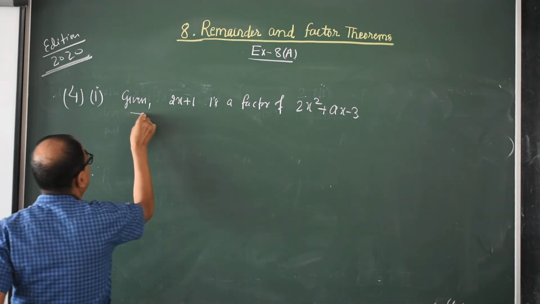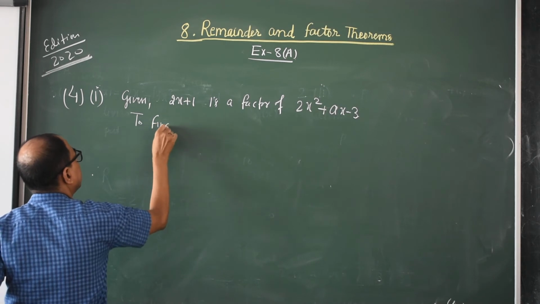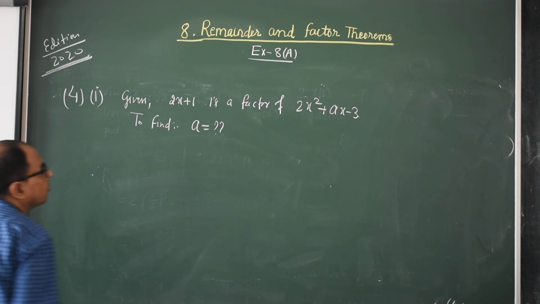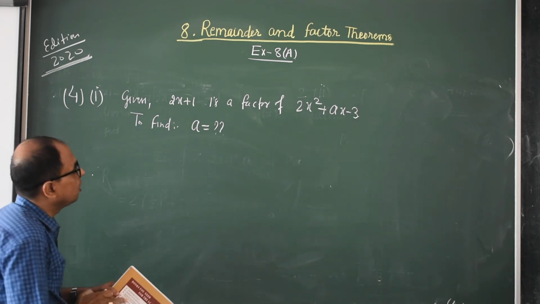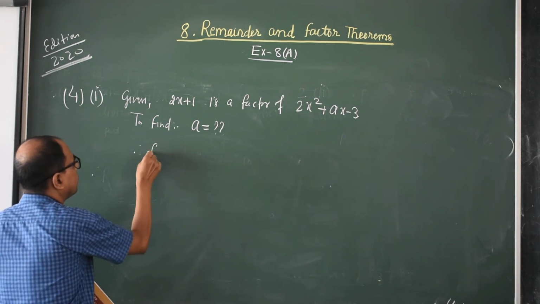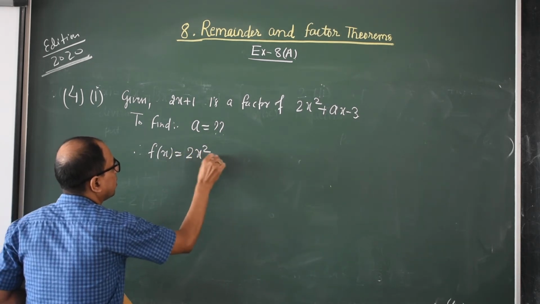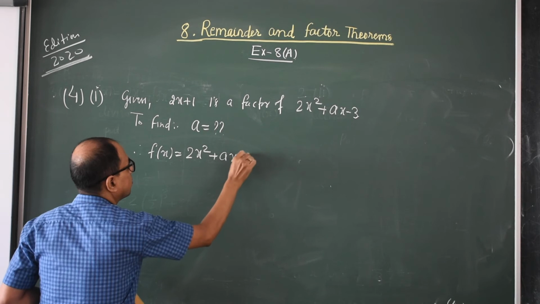So what is the value of a? We have to find the value of a. So here the given polynomial is 2x square plus ax minus 3.